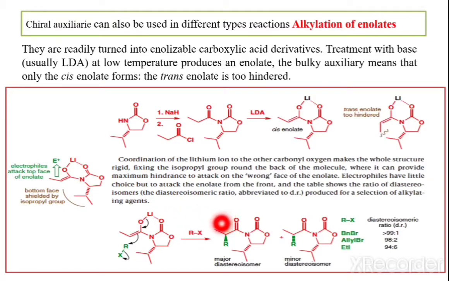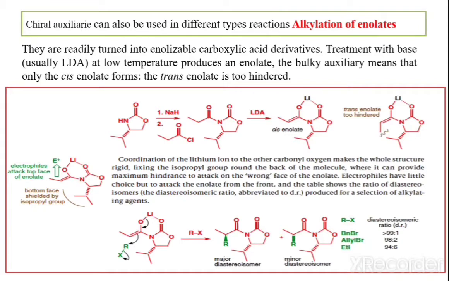Now this is the major diastereomer and this is the minor diastereomer. If you see these tables, when you use RX, benzyl bromide gives a diastereomeric ratio of 99.9, then allyl bromide 98.2, and for ethyl iodide it is 94.6.